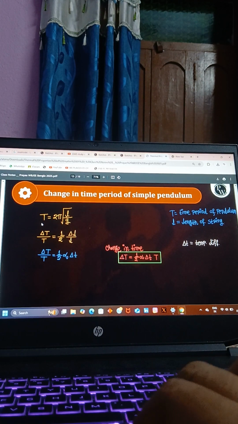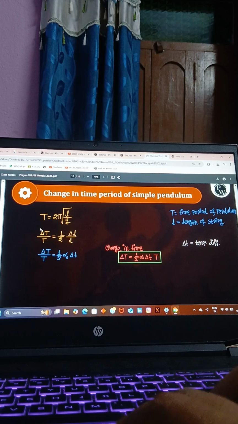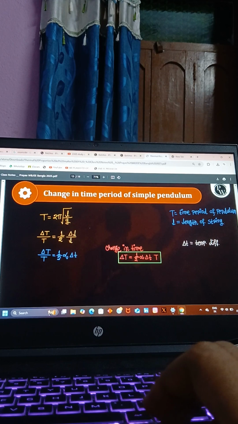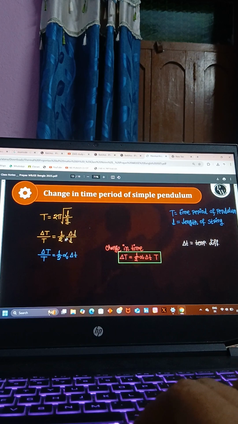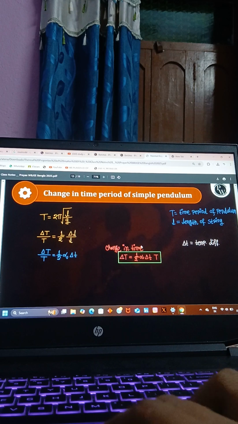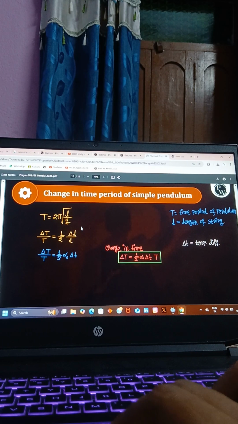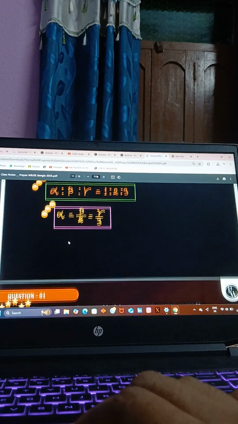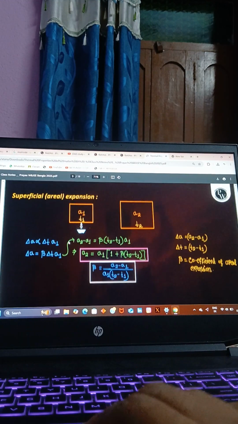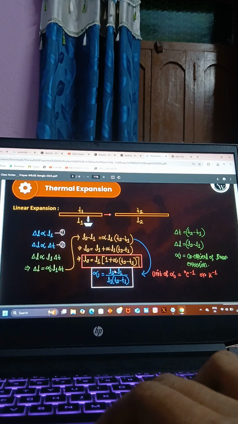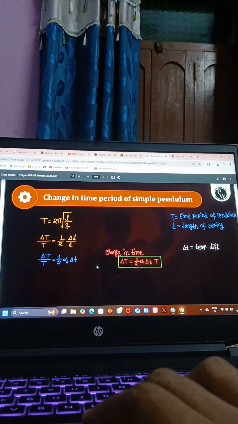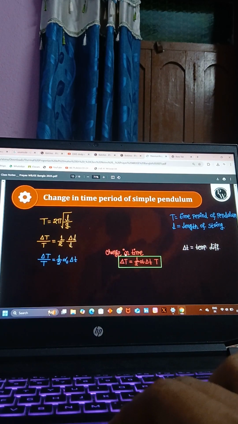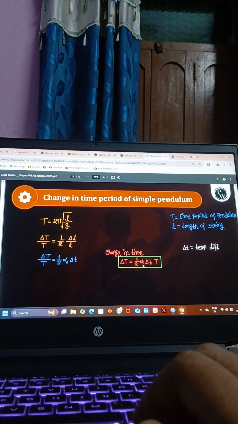If we differentiate the whole equation using the method of error which we studied in errors and dimensions, delta T by T equals half into delta L by L. If we put delta L by L from the previous slide, we find this formula: change in time is half into alpha delta t into T.